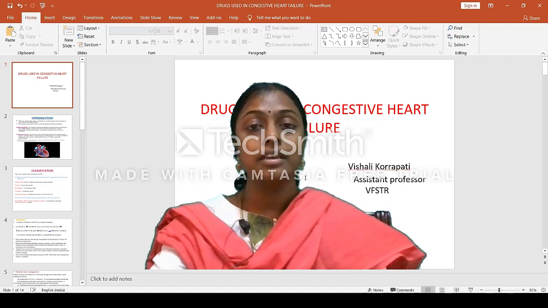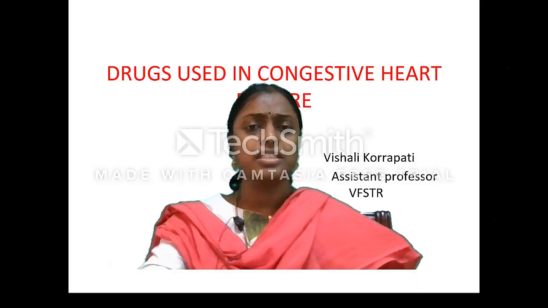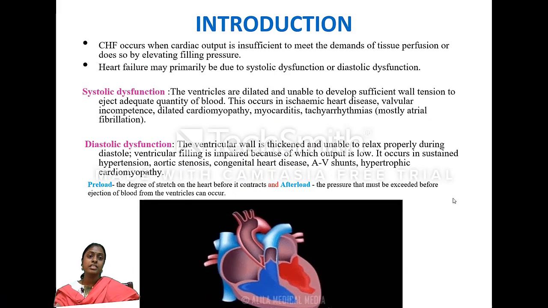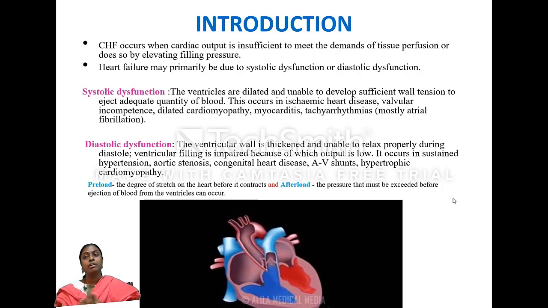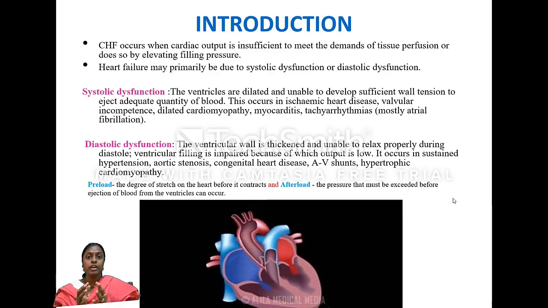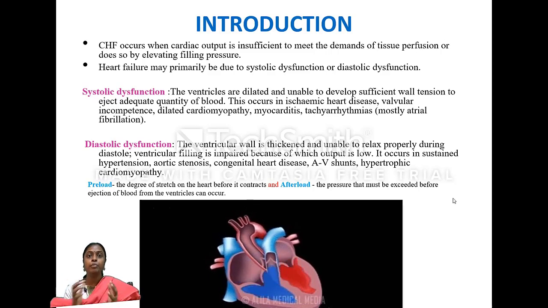So let's start. First of all, let's see what congestive heart failure means. Congestive heart failure is insufficient blood supply. When the heart is pumping, it will give one output, right? Yesterday I told you about cardiac output, whether it is the left ventricle or right ventricle, it has to pump.